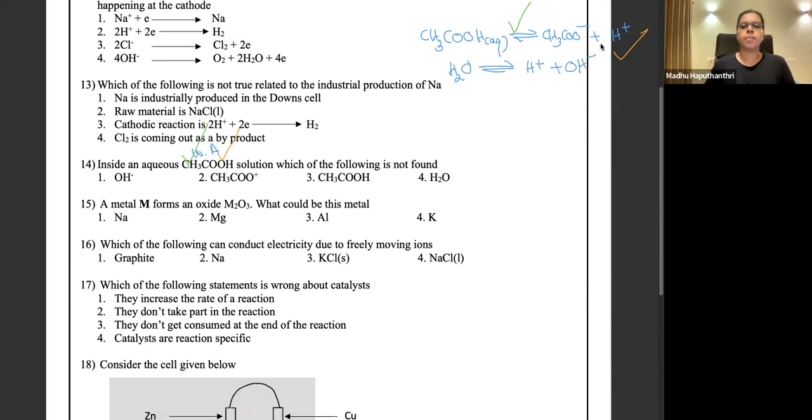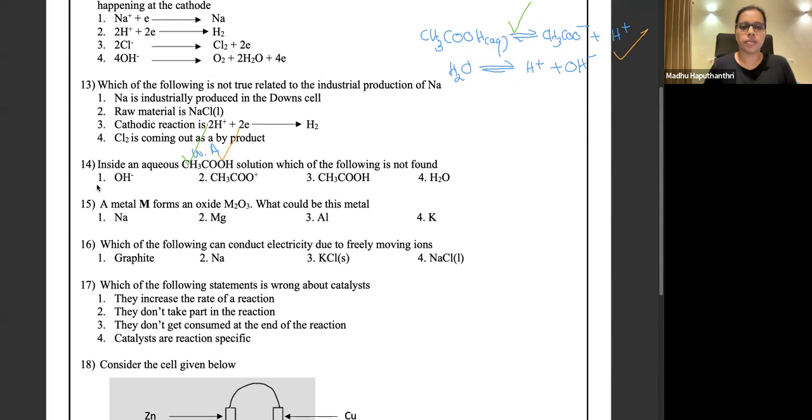So when you take an aqueous solution of acetic acid, there is acetate, H+, water, OH-. H+ is getting repeated. OH-, yes, we get a little bit of OH- from water.